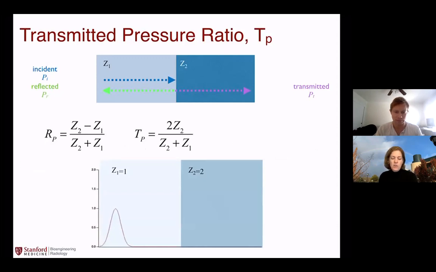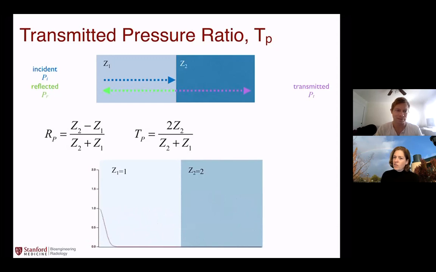And what we see here is that the wave, as it's going towards the interface, starts with an amplitude of 1, and then it's going to grow as it goes into that second material. And then the reflected part is what we saw before. So the reflected amplitude is going to be 1/3. The transmitted amplitude is 1 plus 1/3. So it's going to be 1.3.